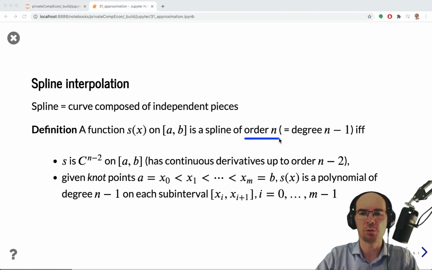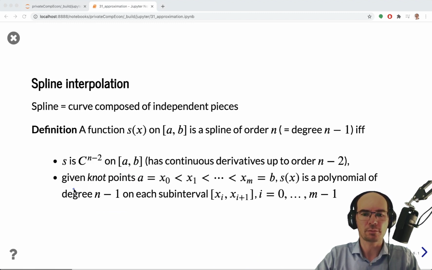And we will have the order of the spline and the degree of the spline, which differ by one and cause some confusion. But what is this function s of x? Well, it has to have a number of smooth derivatives, the number being n minus 2. So, 1 less than the degree of the spline, or 2 less than the order of the spline, on the given interval.